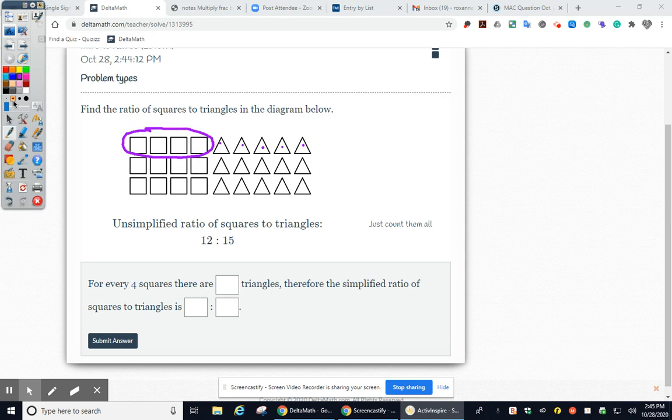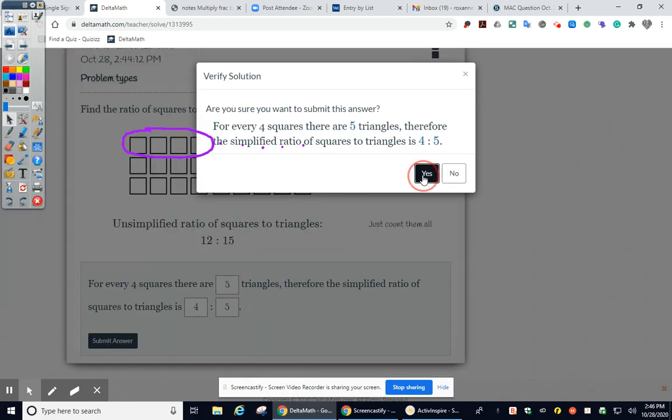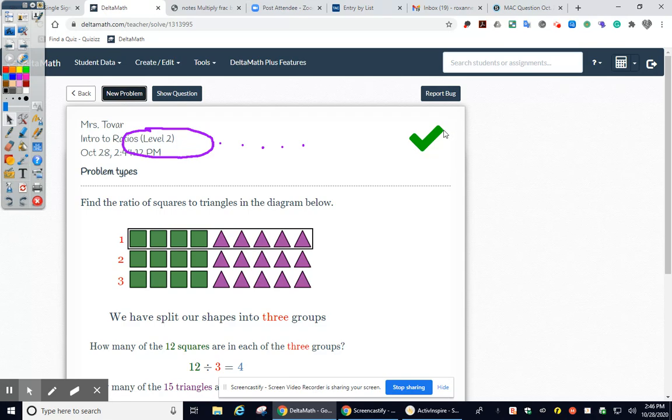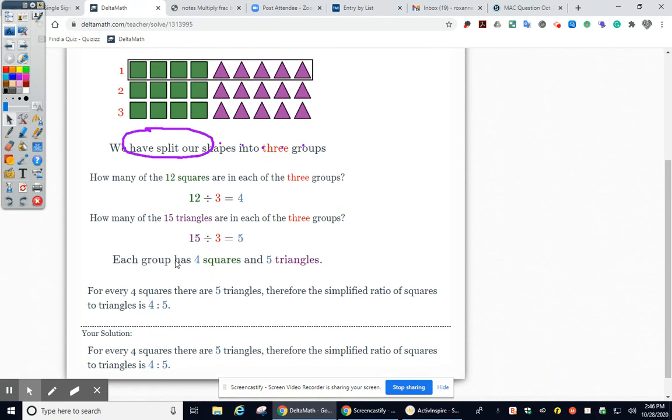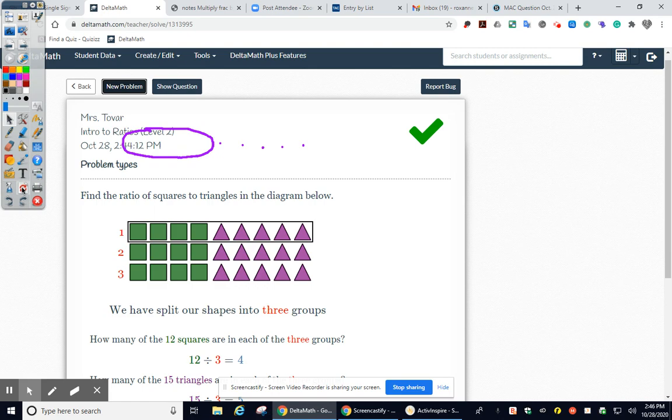So for every 4 squares, there are 5 triangles. Therefore, the simplified ratio of squares to triangles would be 4 to 5. And we're going to submit answer, hit yes, and it tells me I'm correct. And then if you need to see the breakdown of it, read through it.